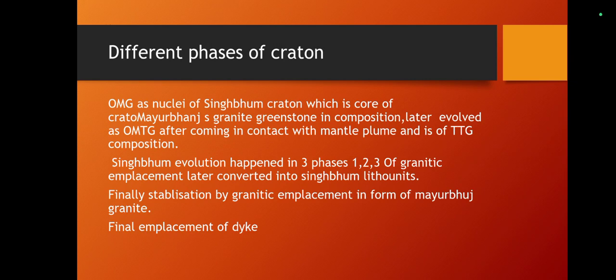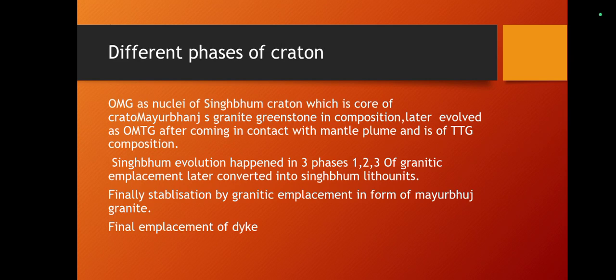So I will tell you how the Singhbhum craton is actually formed. Any craton is first nucleated. So here the nucleus of the Singhbhum craton is the older metamorphic group, which is the core of this craton, and which is granitic and greenstone in composition, the oldest composition of any craton in the Indian subcontinent.